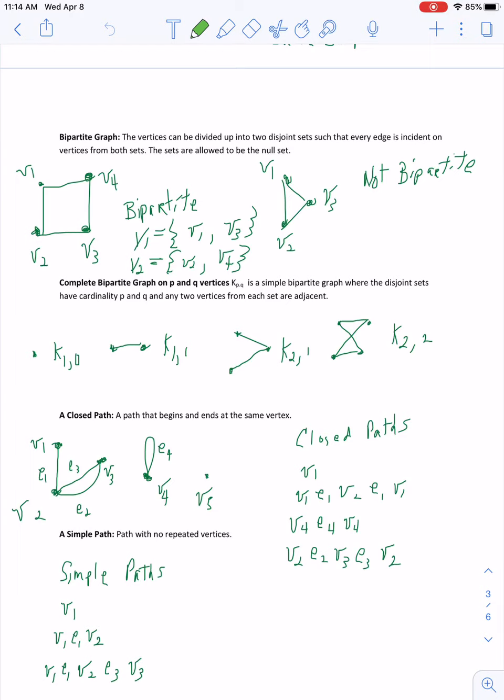So let's draw K_{2,2} another way. Let's put a vertex here, a vertex here, a vertex here, and a vertex here. And now I'm not going to change a lot of edges. Let's keep that one, and that one, and that one. So that all looks kind of the same.